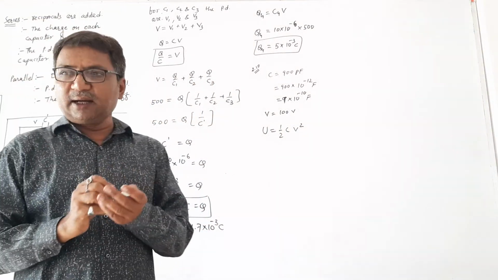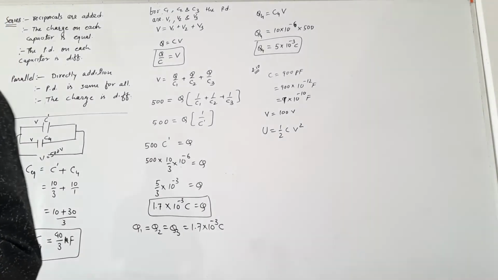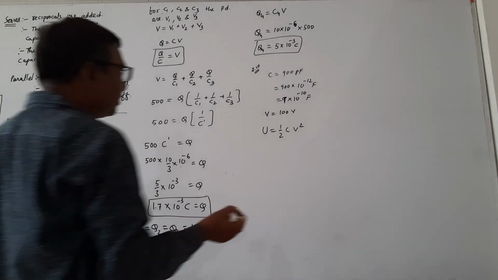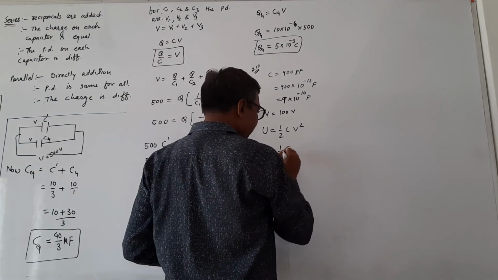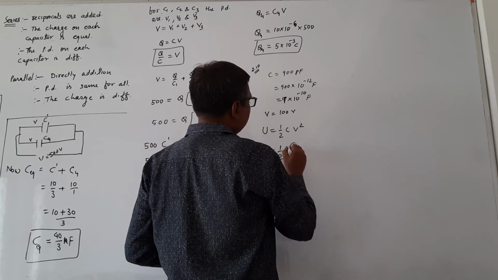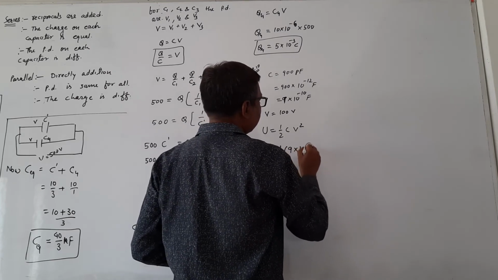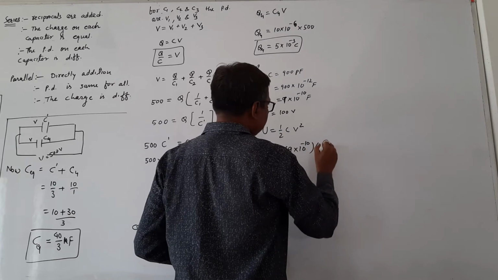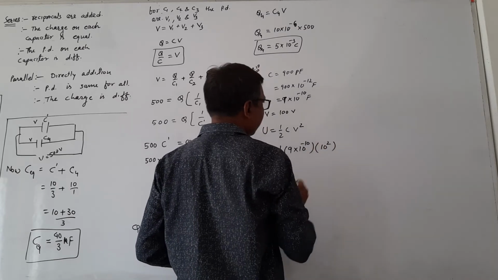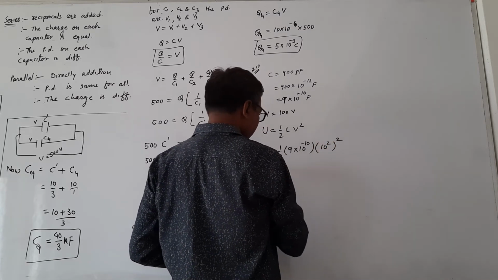This is the formula. This theory is already done. So simply you can write down over here C is 9 into 10 raised to minus 10, and V is 100, that is 10 square, and V square.